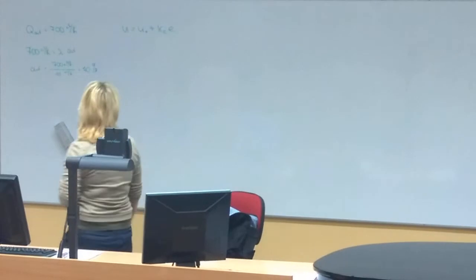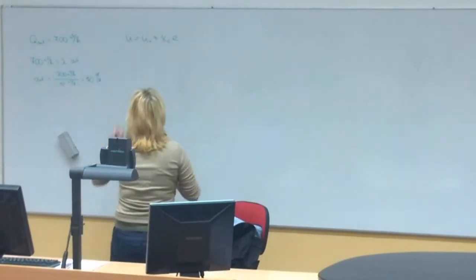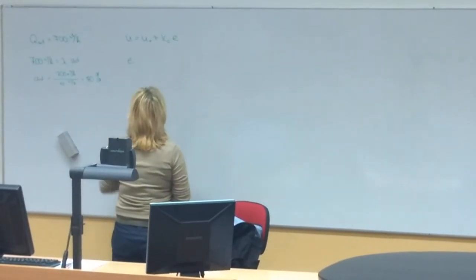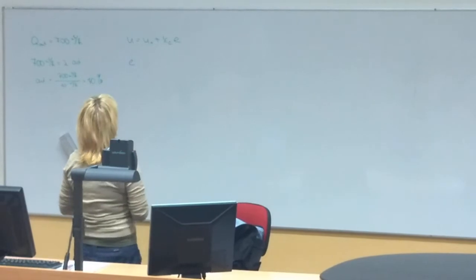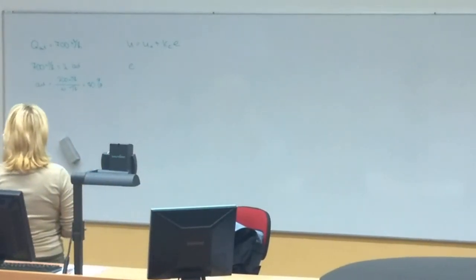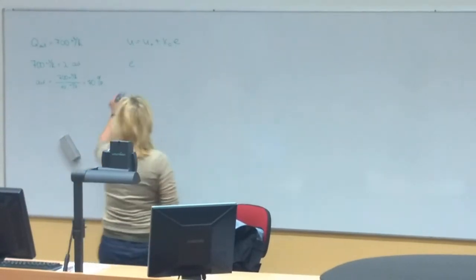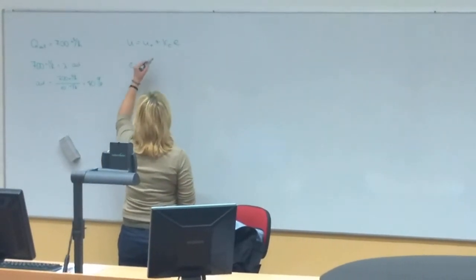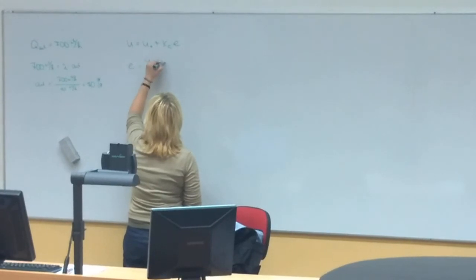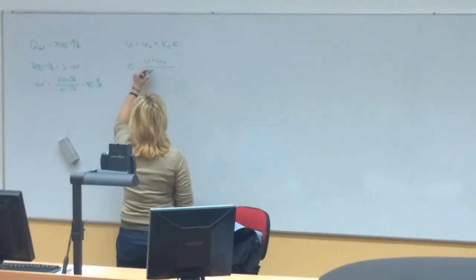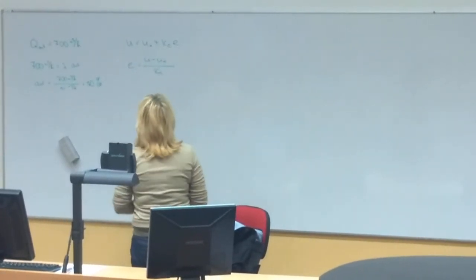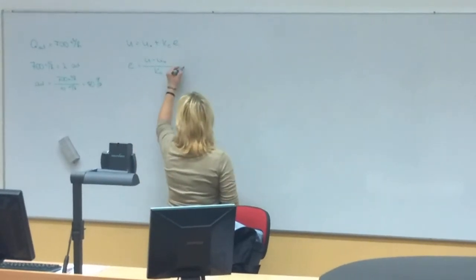So that's why it's called proportional. If we would like to find out what the error will be, it will be u minus u0 divided by Kc. So this is the gain of the controller.